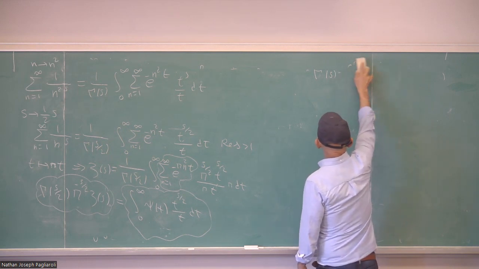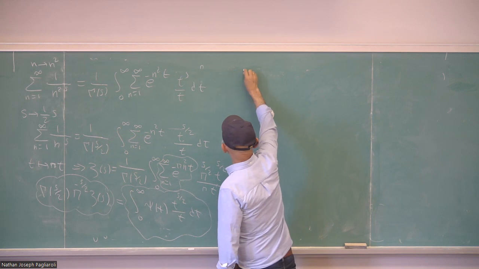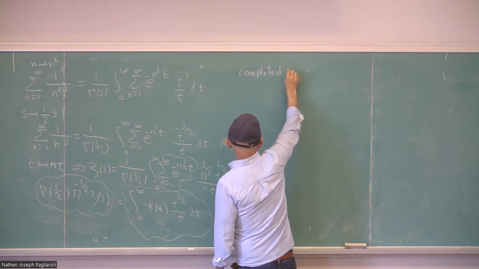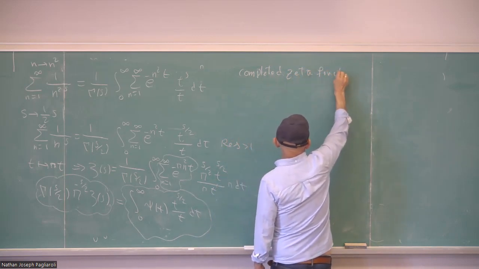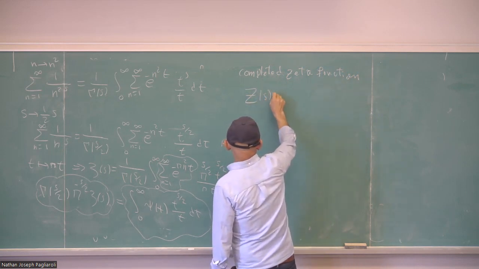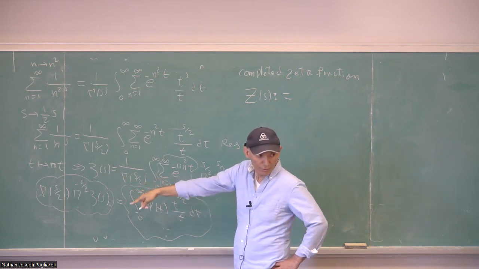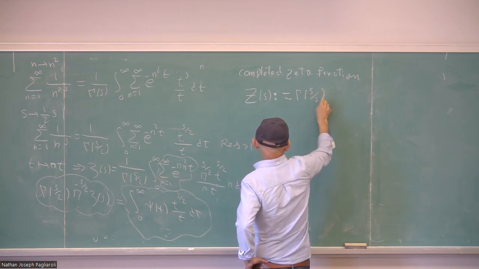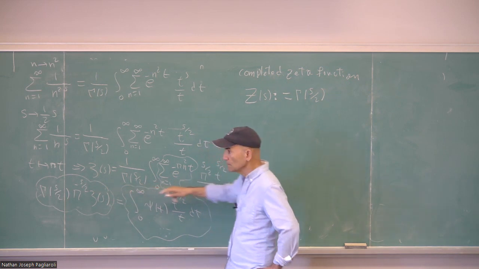It's a very, very important object. Z of s, by definition, is equal to gamma of s over 2, pi to the power minus s over 2.